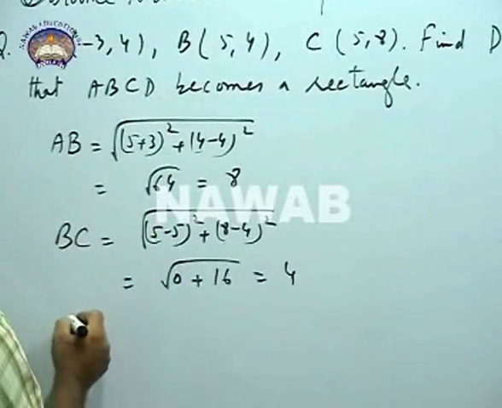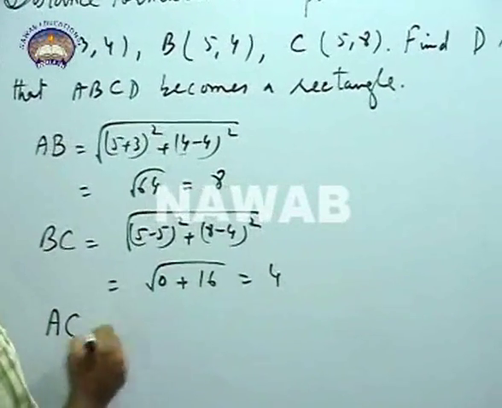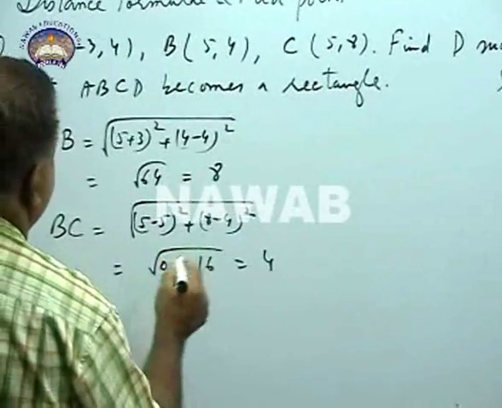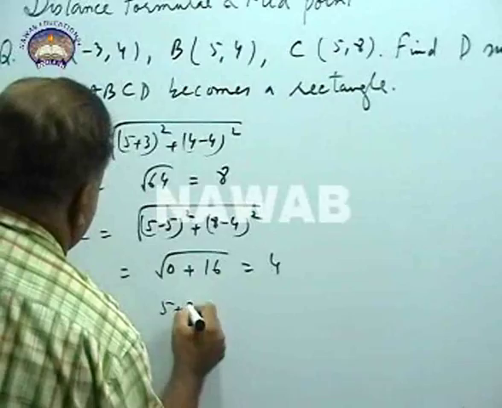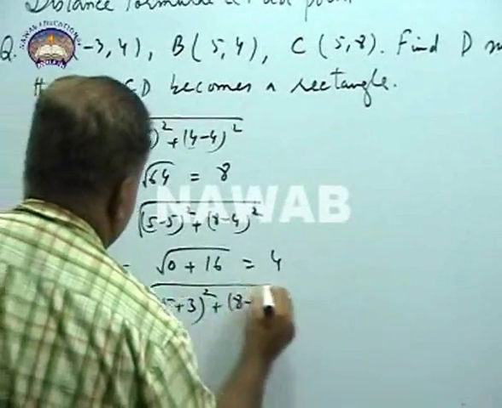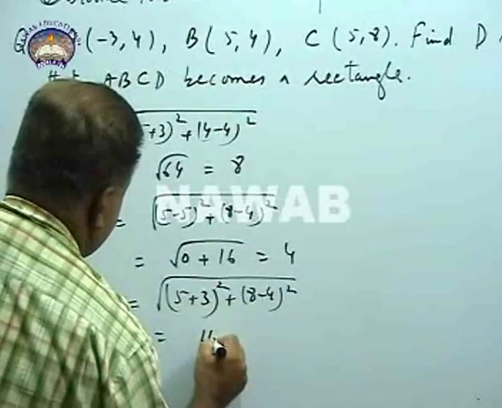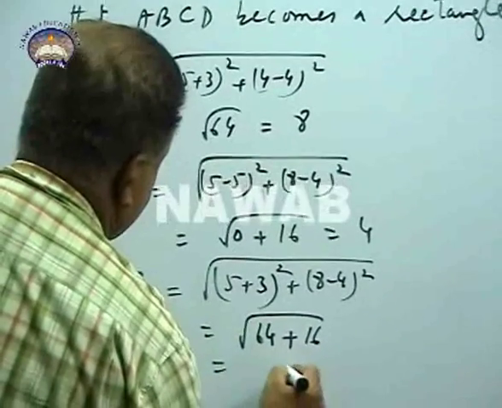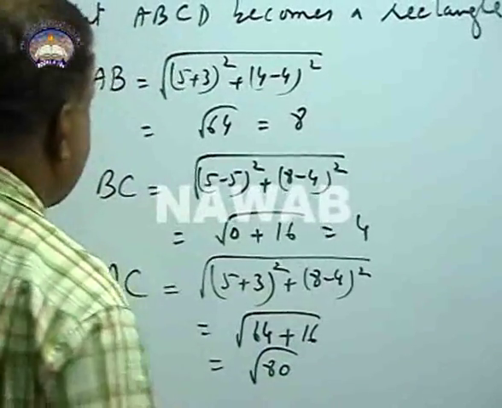And then if I find AC distance, so it is root of 5 plus 3 whole square, 8 minus 4 whole square, which is root of 64 plus 16, so it is root 80.